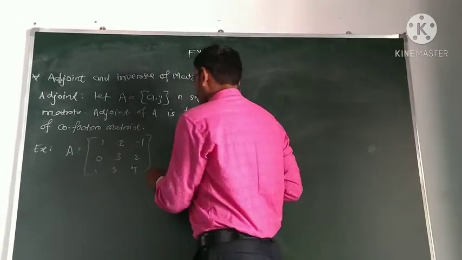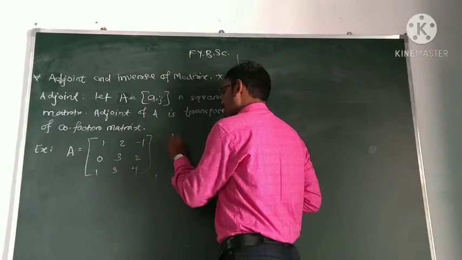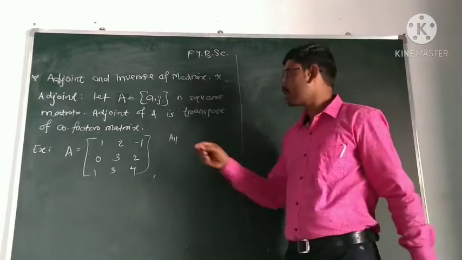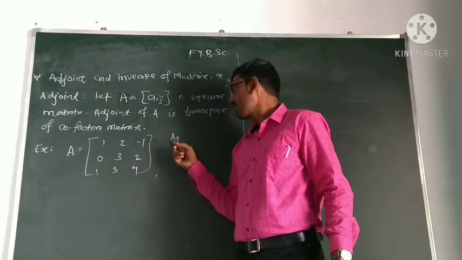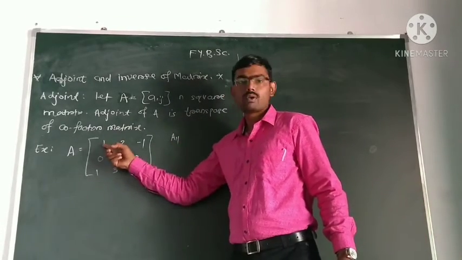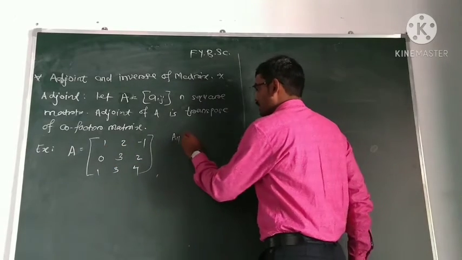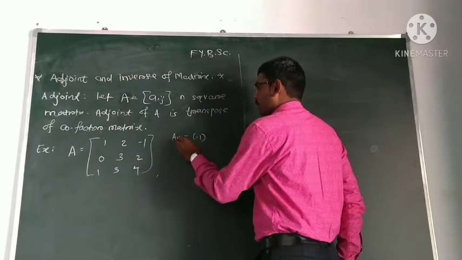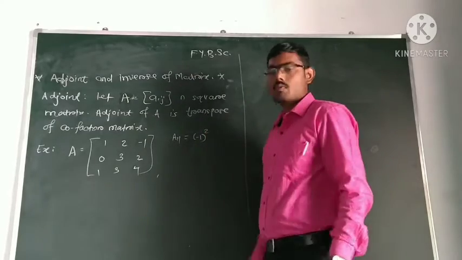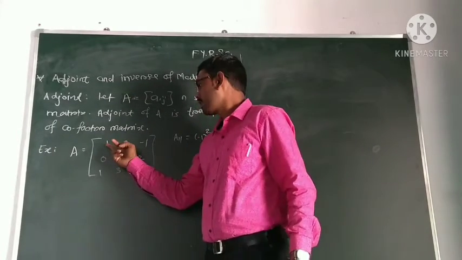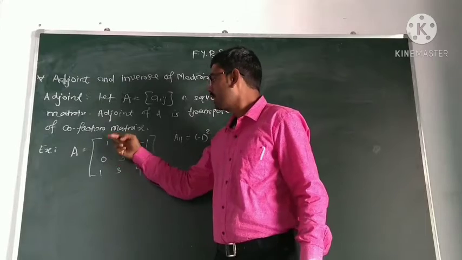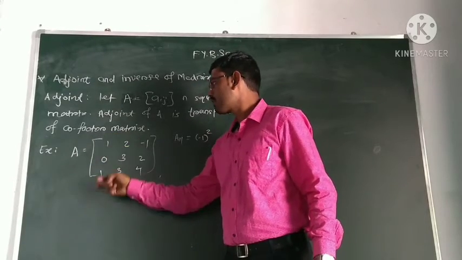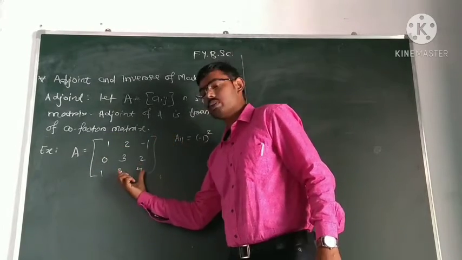Now the cofactor of the first row, first column element, that is A11, the cofactor of this element 1. So this cofactor is equal to minus 1 raised to power 1 plus 1, that is 2, into minor of 1. What is the minor of 1? The determinant of the matrix obtained by deleting the first row and first column of this matrix.